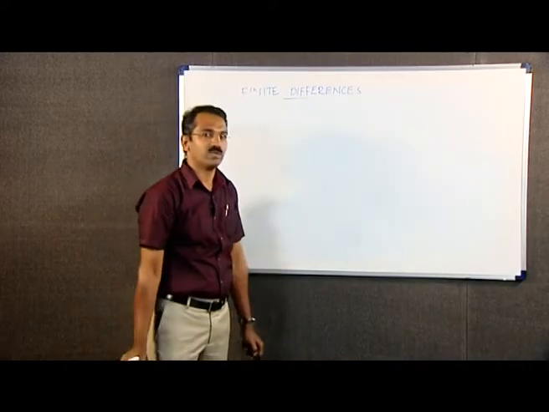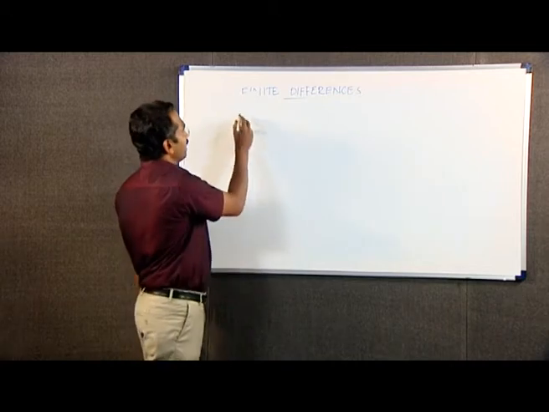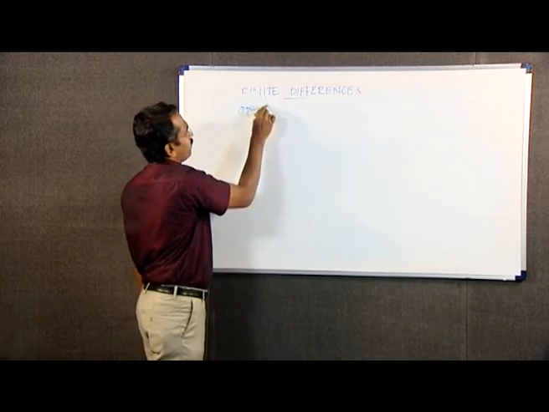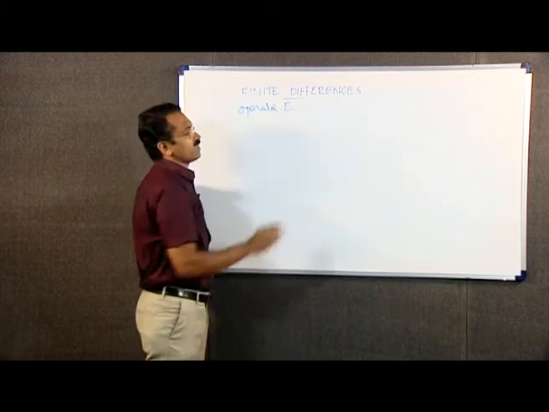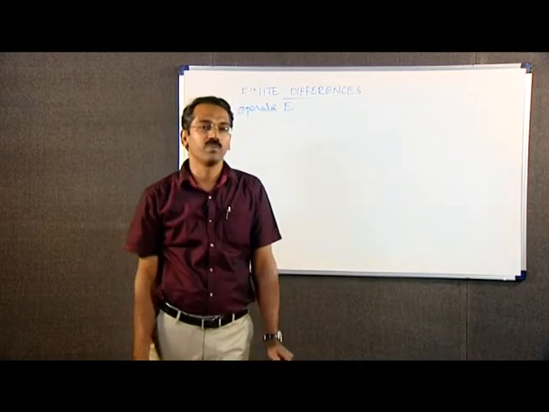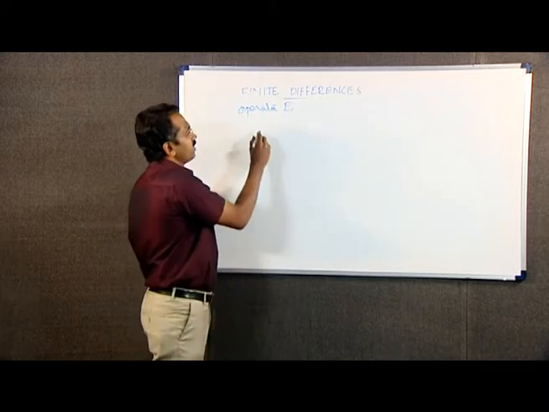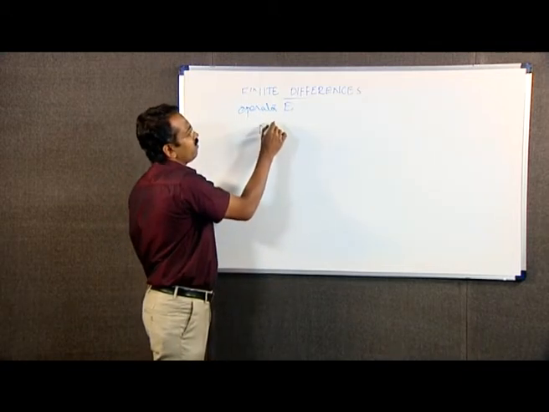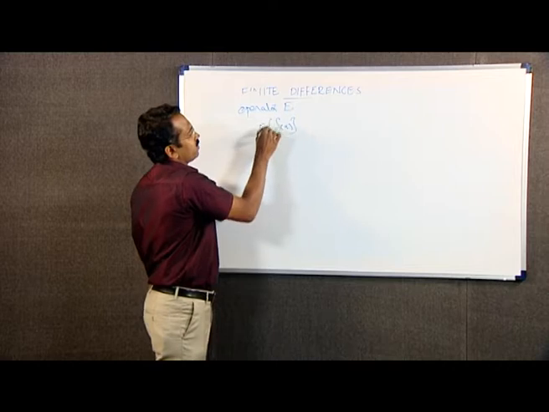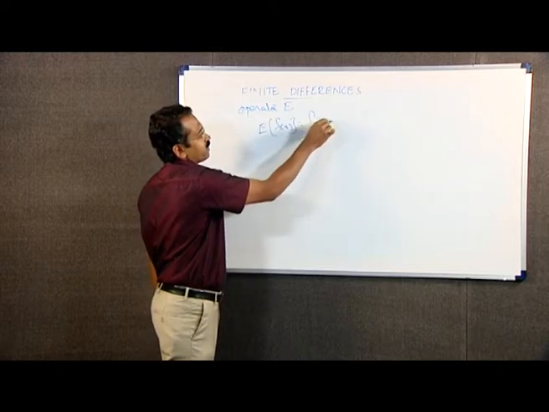Now, the next operator is the operator E, that is the shifting operator, called the shift operator, just denoted as E of f of x. This is equal to f of x plus h.